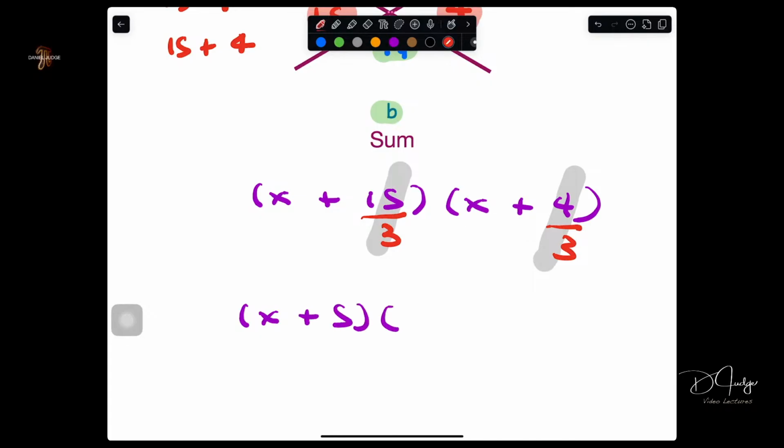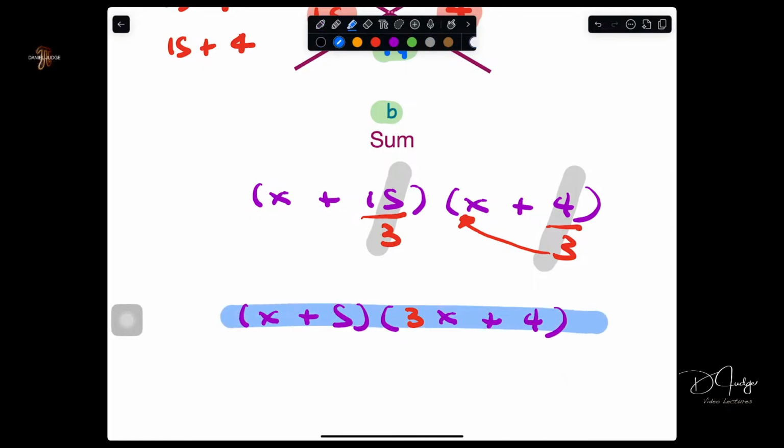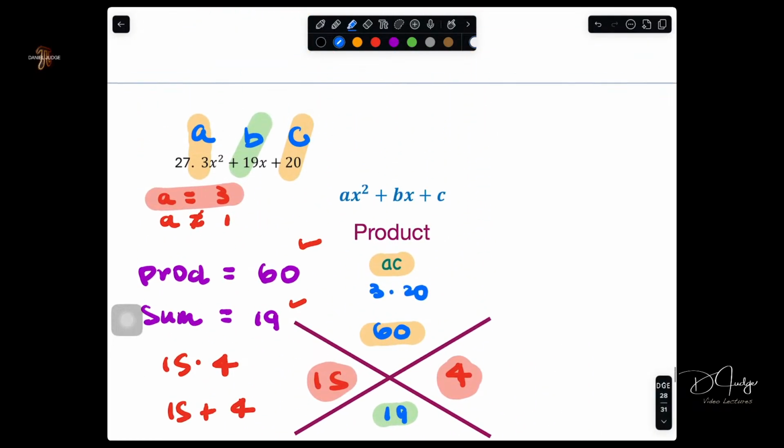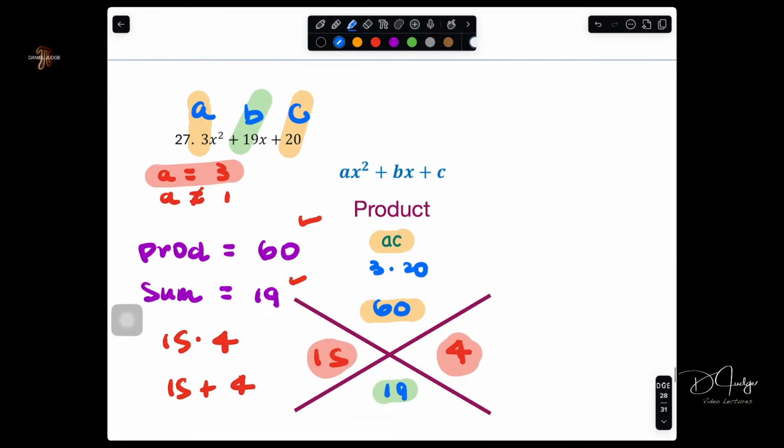And then we're going to move this 3 up here because 4/3 is a decimal answer. It's not a whole number. So this will be that 3 there with the X plus 4. There you go, ladies and gentlemen. Factored.